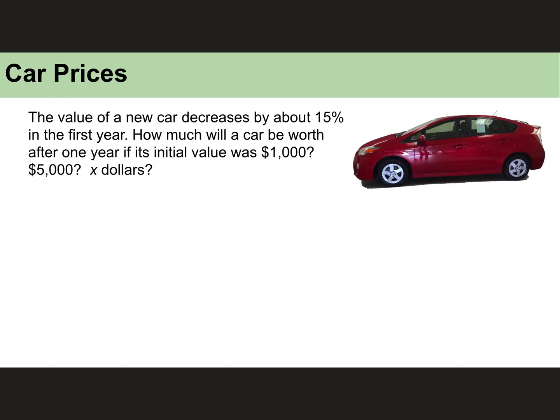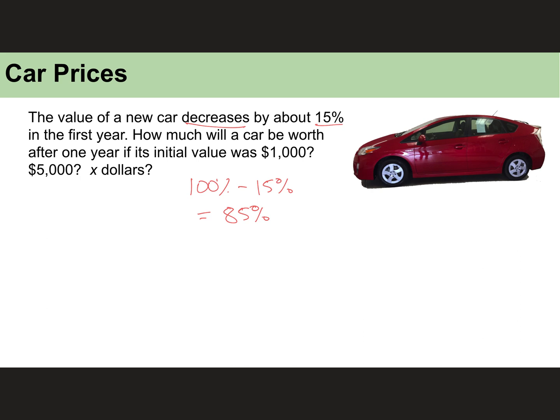So we're going to practice writing a couple equations. The value of a new car decreases by 15%. So if I have 100%, that's what I'm starting with, and I decrease by 15%, I'm now trying to find 85%, because 100 minus 15 is 85%.